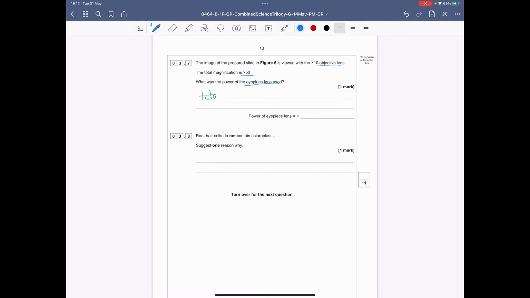The total magnification of a microscope is equal to the eyepiece lens times the objective lens. Now, if it's telling you the total magnification is 50 and the objective lens is 10, what must the eyepiece lens be to make 50? Well, it would be 5, because 5 times 10 equals 50.